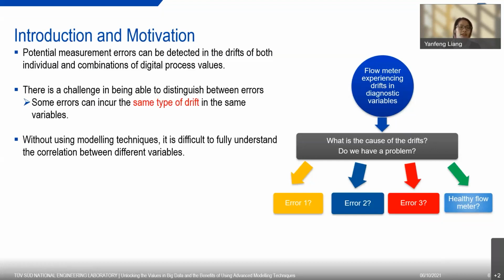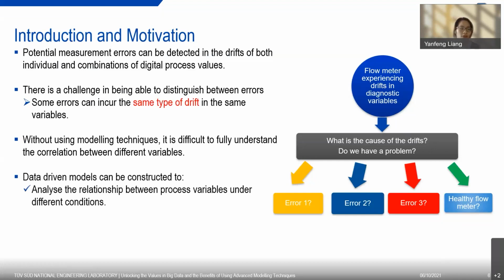In order to properly understand the data and digest what's actually happening, it's important we look at all the variables. With the help of a data-driven model, we can achieve that, because a data-driven model can analyze the relationship between process variables under different operating conditions.